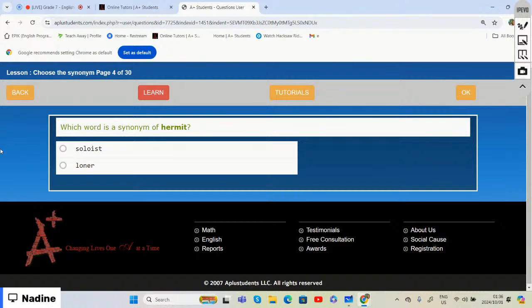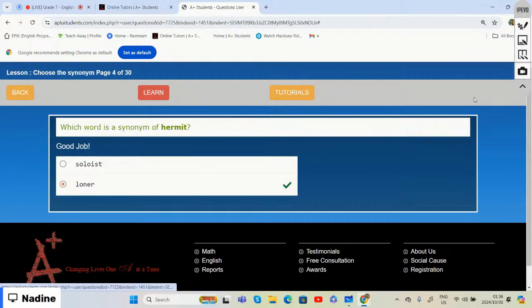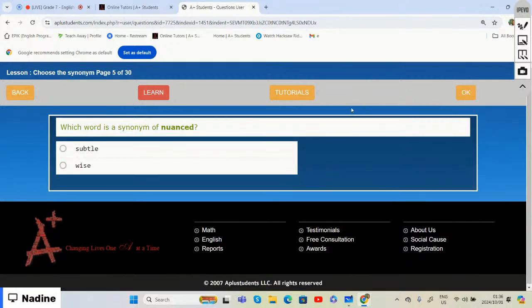And the synonym, or the word with the same meaning or almost the same meaning as hermit, we can say it is a loner because it's somebody who lives alone. Well done.